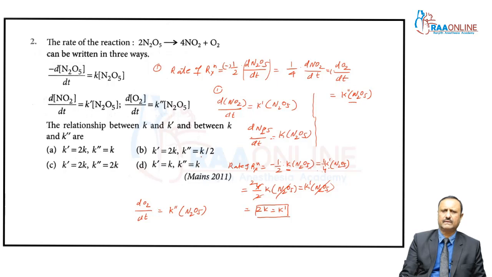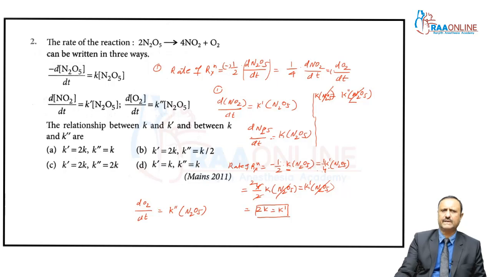Now we can see the second relationship is the K double dash and K. Here the relationship K is d[N2O5]/dt equals K[N2O5]. When both are cancelled with each other, K[N2O5] equals K double dash.